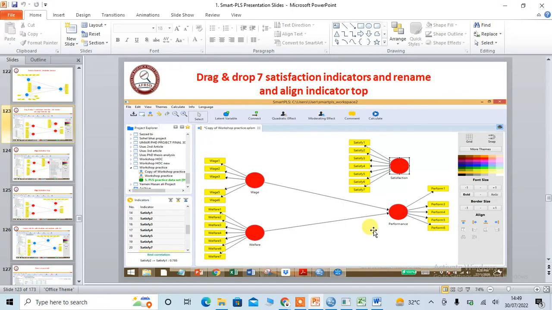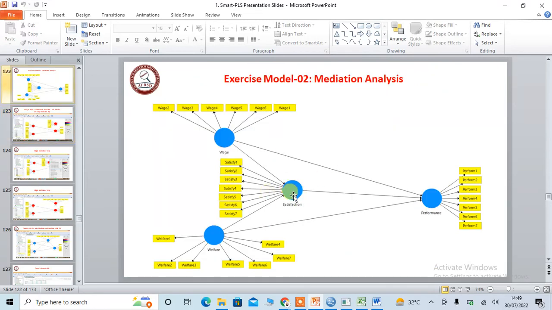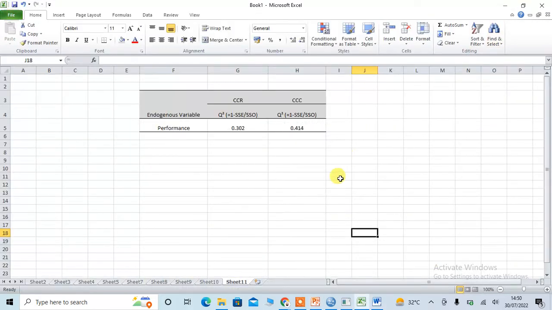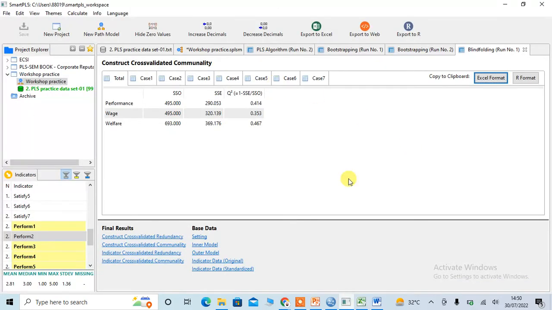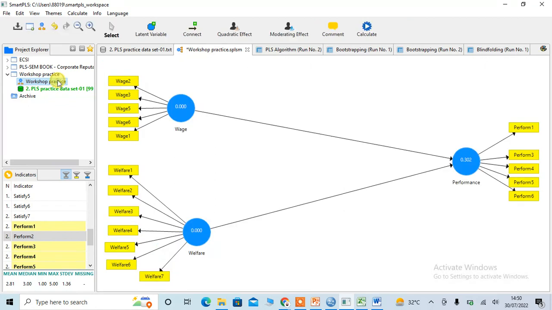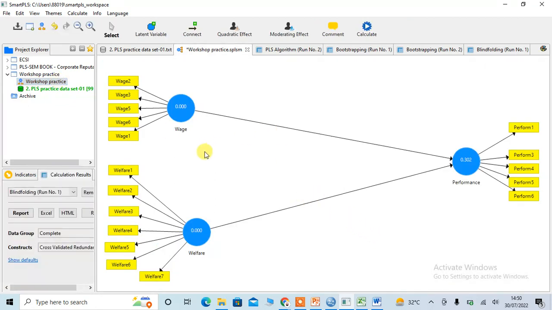So how do we create the mediating model? We shall create the model like this. Let's go to your software. This is our model, right?